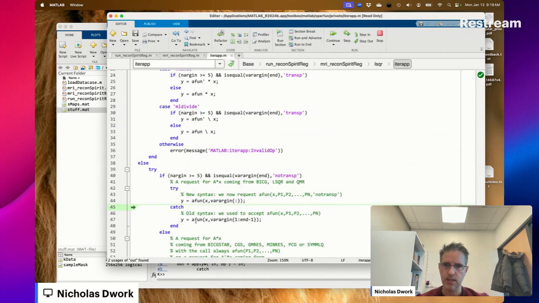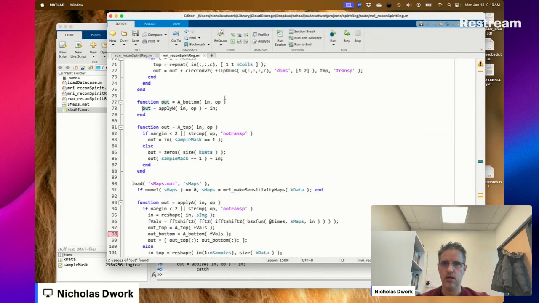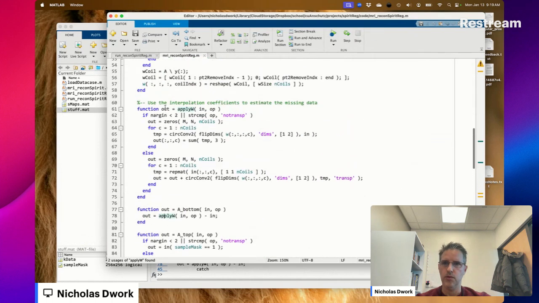What? We've got apply W right here. Why doesn't it go into apply W?